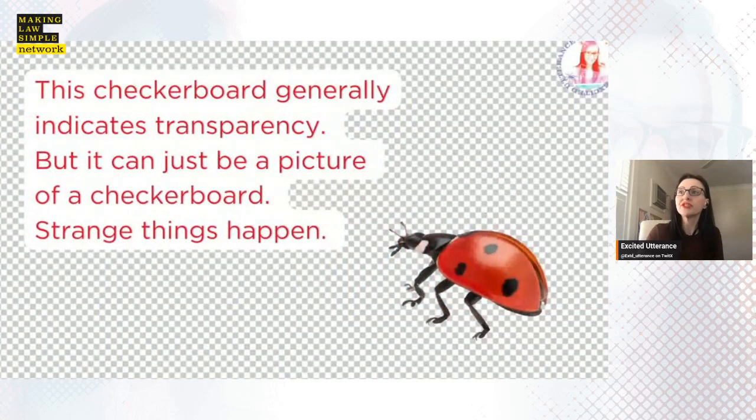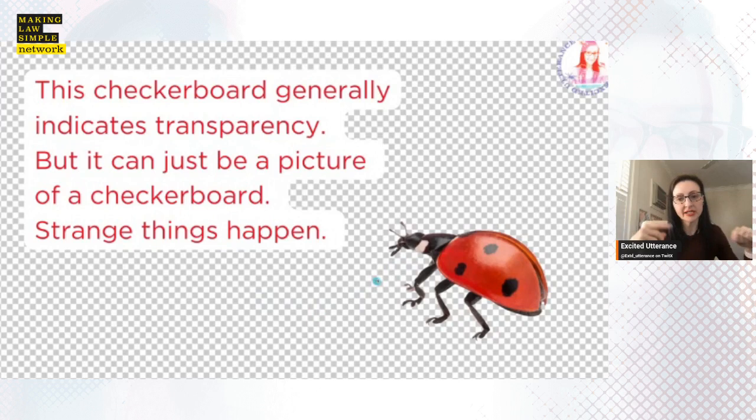Okay, so this checkerboard that we were looking at earlier generally indicates transparency, but it can just be a picture of a checkerboard. Sometimes it can fool you, right? Sometimes when you get on the internet and search for transparent PNG, or ladybug with no background, or ladybug transparent PNG, it'll come up with a picture that looks like this, and it'll look like it has this checkerboard behind it.